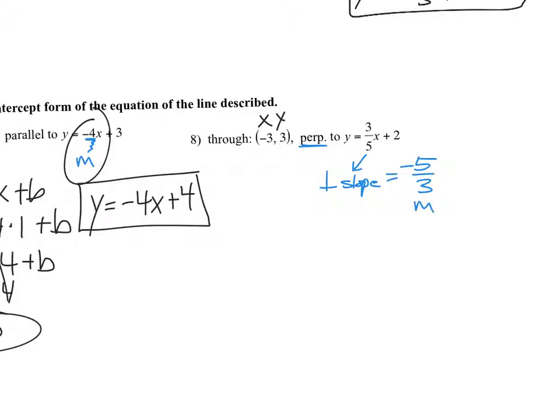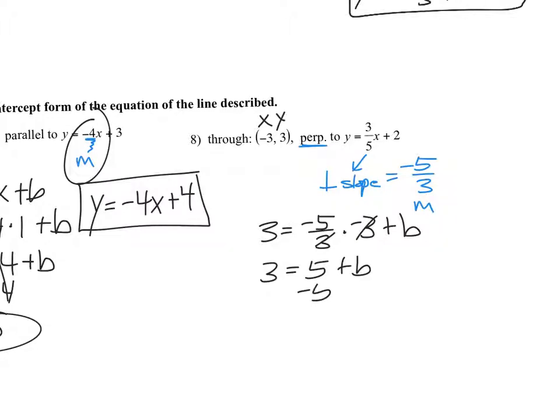Now I do just like I did over here. Y equals, sorry about that, y equals m times x plus b. So if I multiply here, it's going to give me 5 plus b, subtract 5.